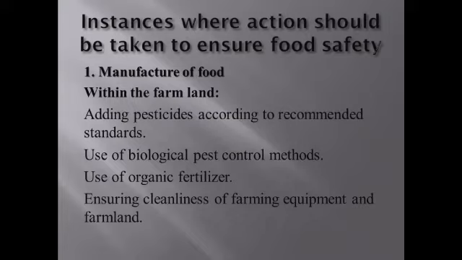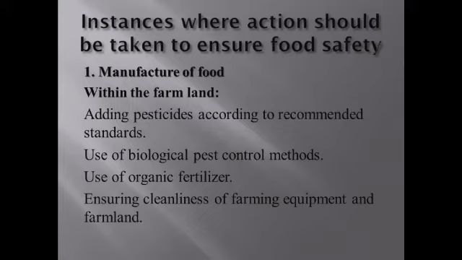First, within a farmland, they are telling about adding pesticide according to the recommended standards. We told earlier about ingredients: how much we need to put, or at what level. When we put the ingredients properly, we will get a proper product. Otherwise, we will get a product harmful to humans.